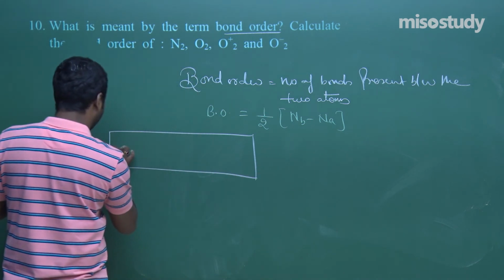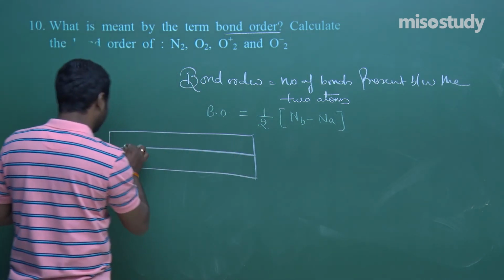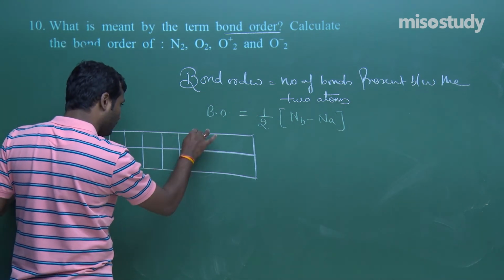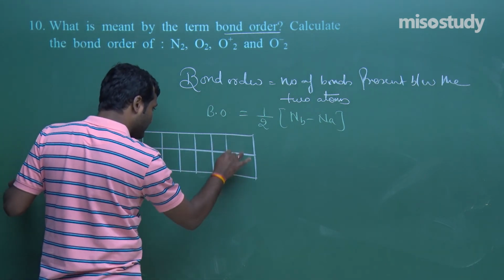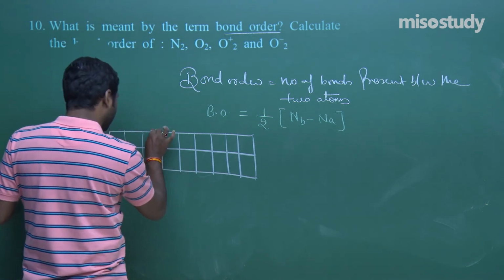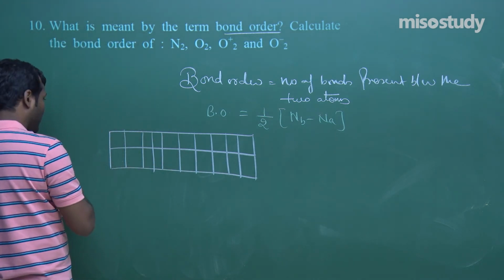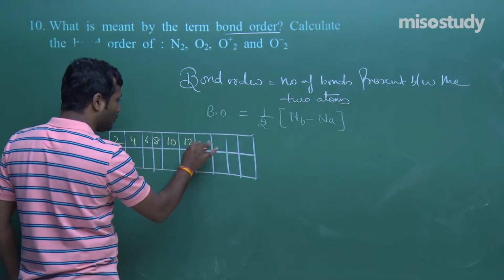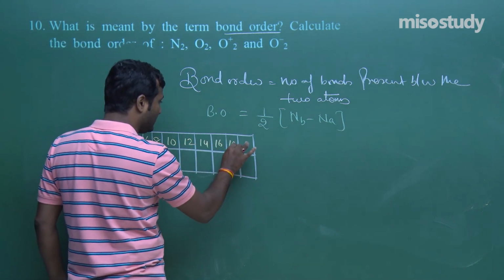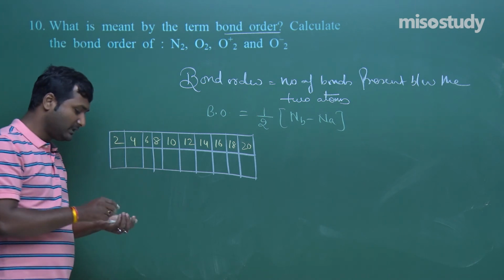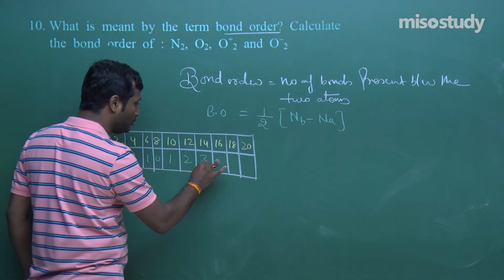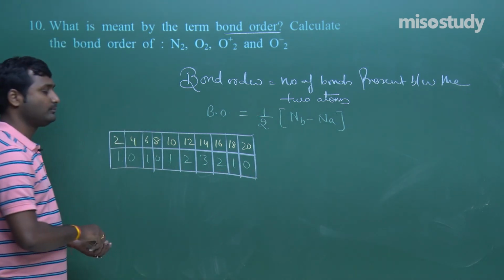Look at 1 2 3 4 5 6 7 8. Now write down 2 4 6 8 10 12 14 16 18 20. Remember? Now put here 1 0 1 0 1 2 3 2 1 0.